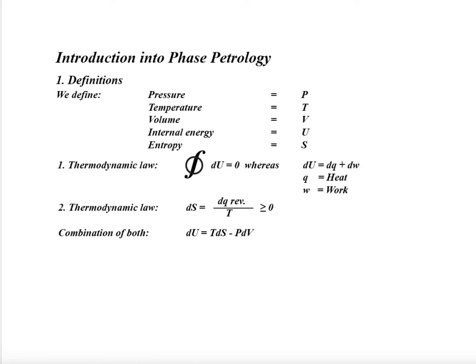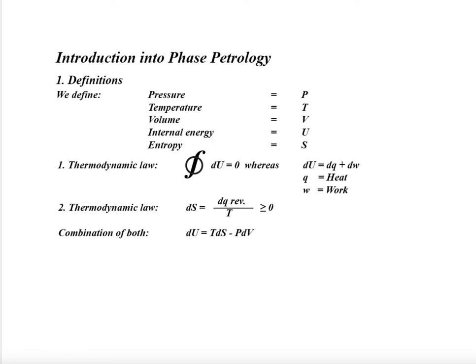Then we have the first thermodynamic law, which is that the differential of U is 0 for an isolated system, whereas dU can be described as dQ plus dW, where Q is the heat which we are putting into a system, and W is the work which we are putting into a system.